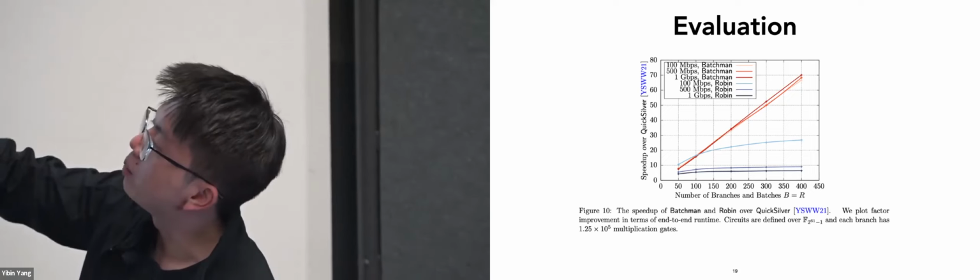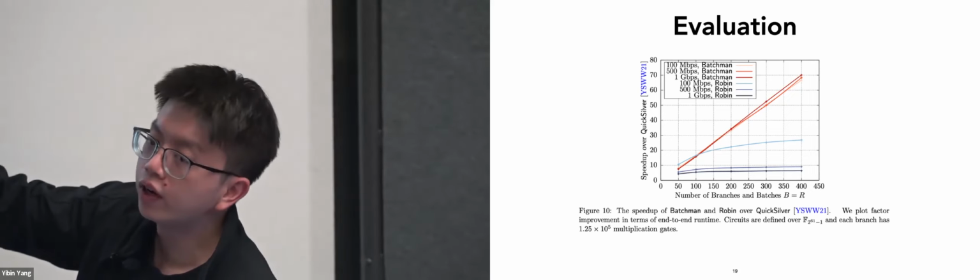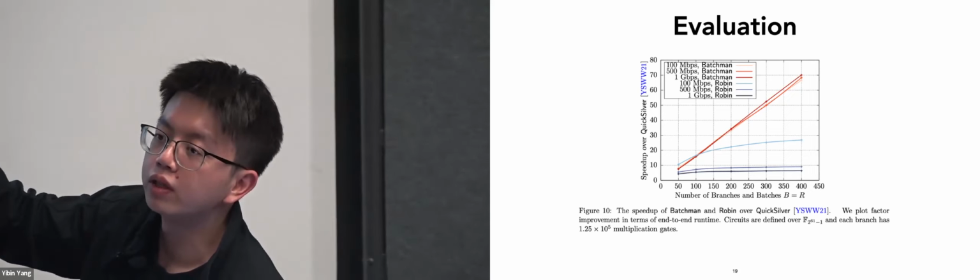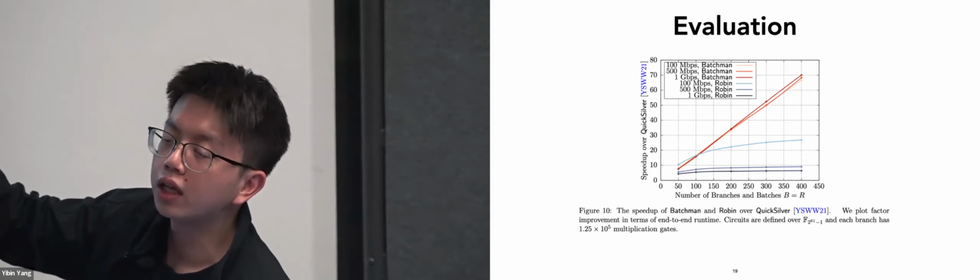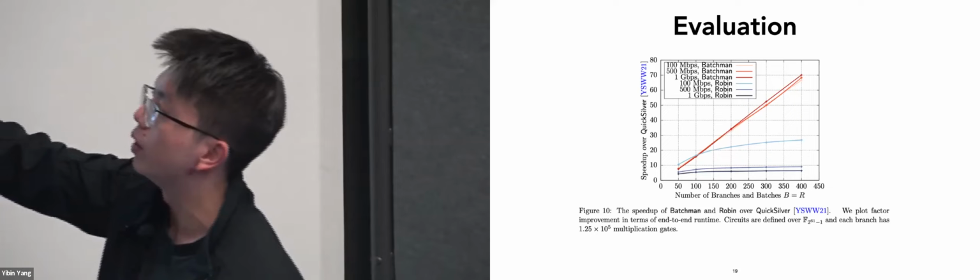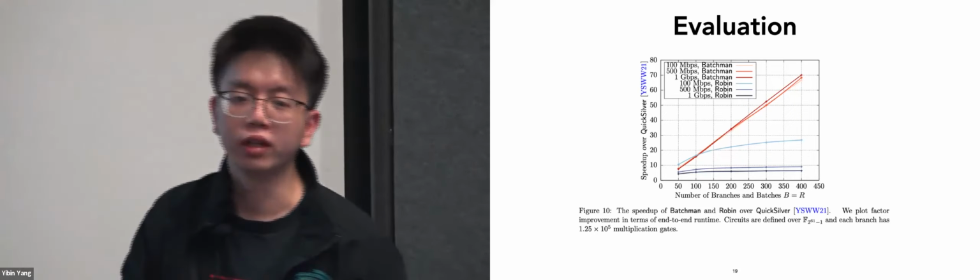And this is how it speeds up compared to the naive implementation where you just copy the circuit R times and B times and use a protocol called Quicksilver to perform it. As you can see, this red line is the speedup of Batchman, and this blue line is the speedup of Robbing, and it matches the asymptotic analysis.